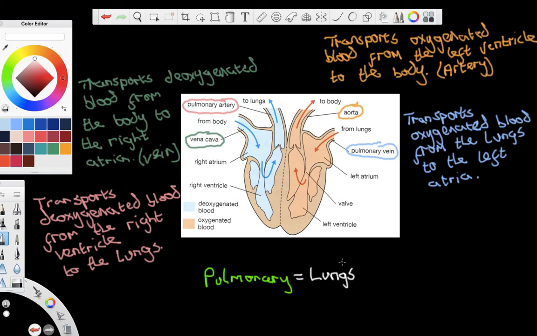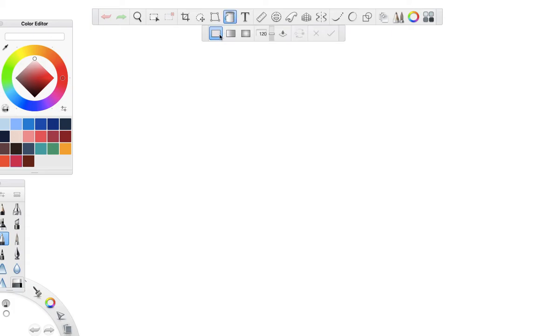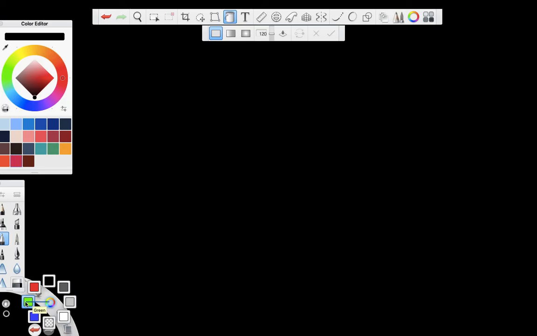Right then, our final bit. We need to talk about something called the cardiac cycle. Okay? The cardiac cycle. And that is our next keyword.